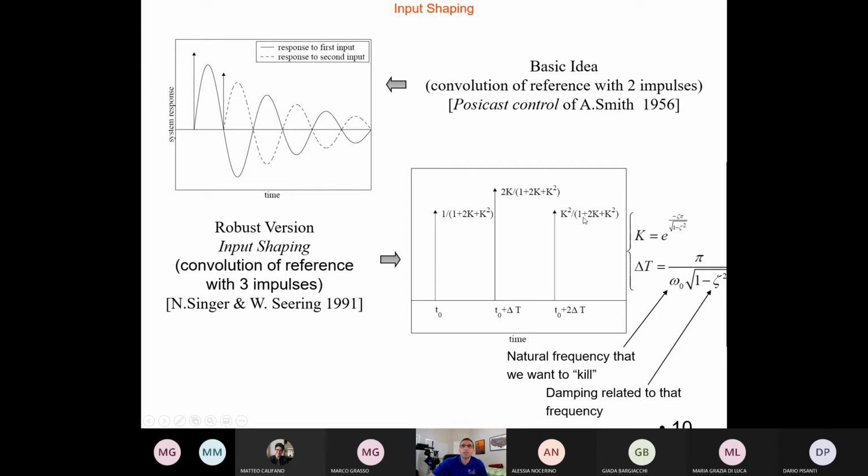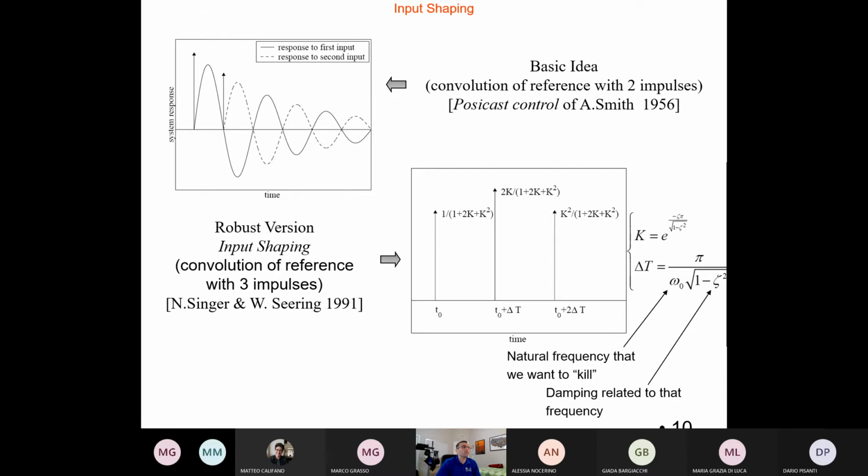And the amplitudes of these impulses are given by the exponential of minus zeta pi over the square root of 1 minus zeta squared. That's the damping of your system. Where they are in time is given by this other quantity, delta t, and omega 0 is the frequency that you want to eliminate.